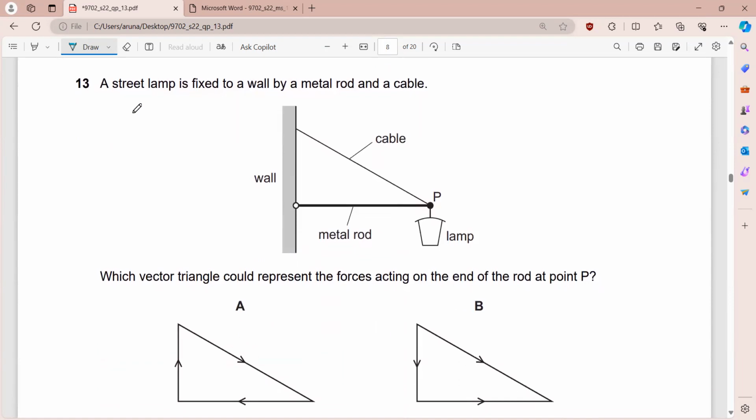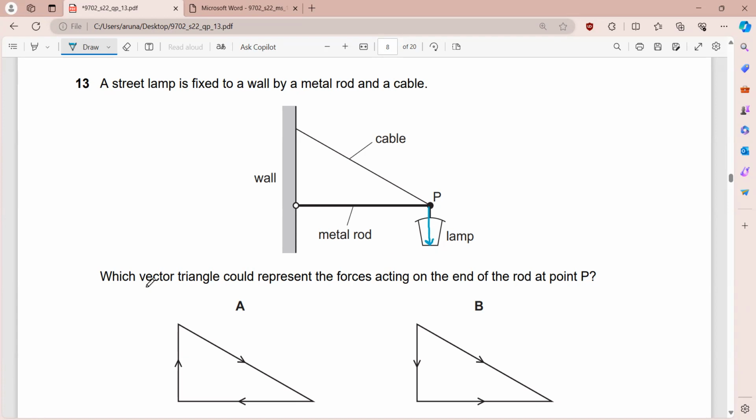Next. 13. A street lamp is fixed to a wall by a metal rod and a cable. The first thing you have to understand here is the direction in which the forces are acting. Okay. So let's see which direction the forces act. First of all, we know that the weight of the lamp is definitely a force, the only force that's going to be acting here.